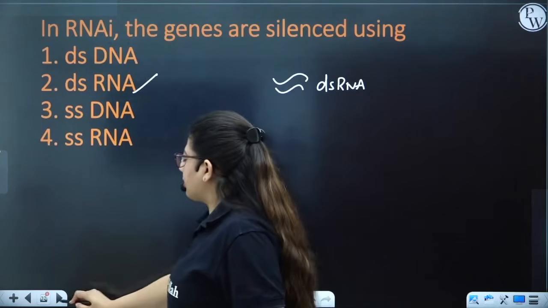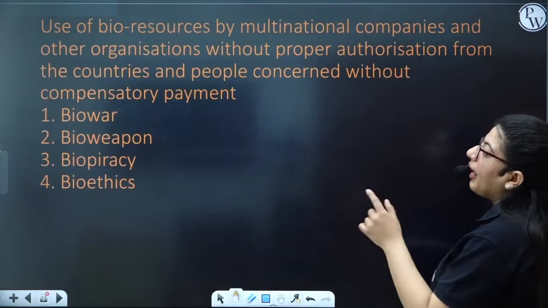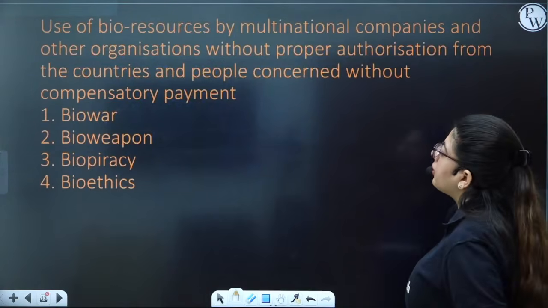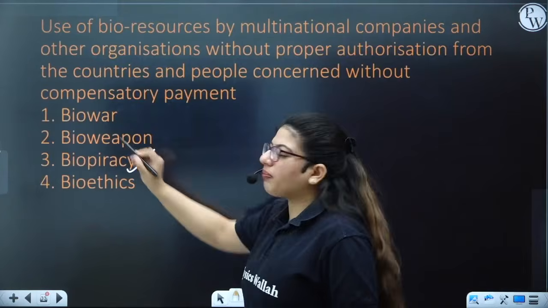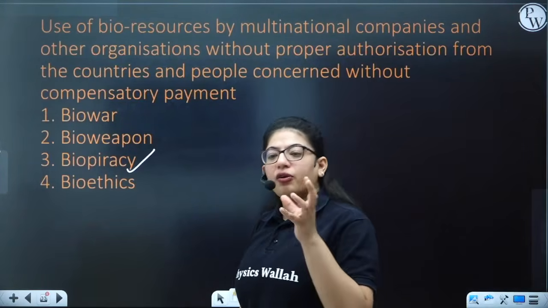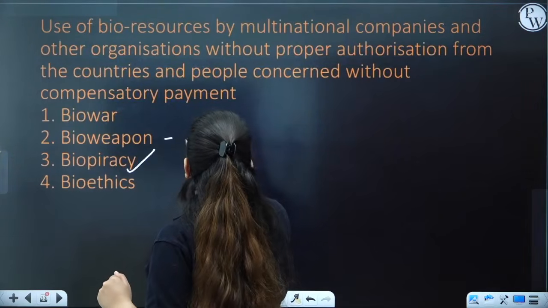Next. Use of bioresources by multinational companies and their organizations without proper authorization from the countries and people concerned, without compensatory payment, is biopiracy. What is a biowar and what is a bioweapon? In biowar, the bioweapons are used. Bioweapons are certain microbes or disease-causing organisms.